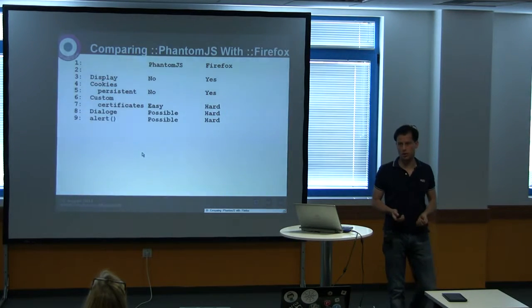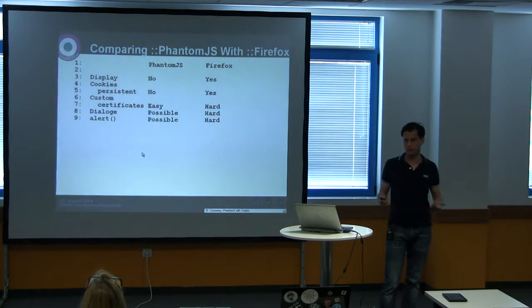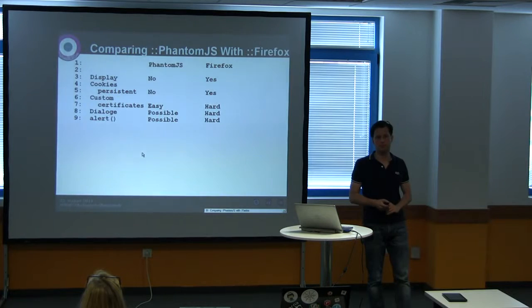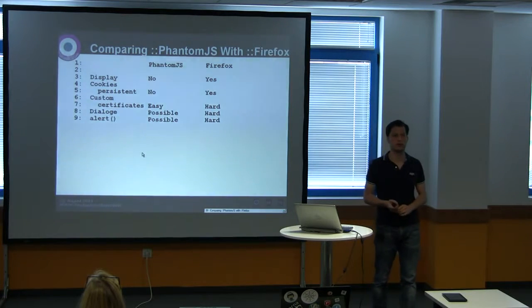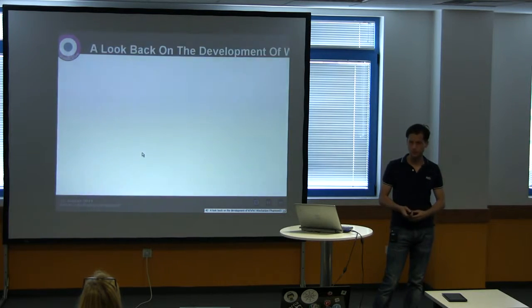Yeah, as I already said, dialogues and alert stuff is possible in PhantomJS. When I wrote Mechanize Firefox, I thought it would be easy, because Firefox is so much written in JavaScript, but I did not find a way to replace the Firefox dialogues with my own JavaScript to make the dialogues go away.